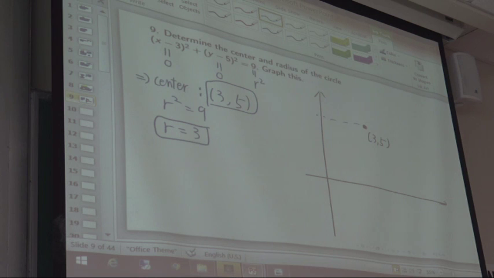This length is actually the 3. So we draw the circle. That is a circle.